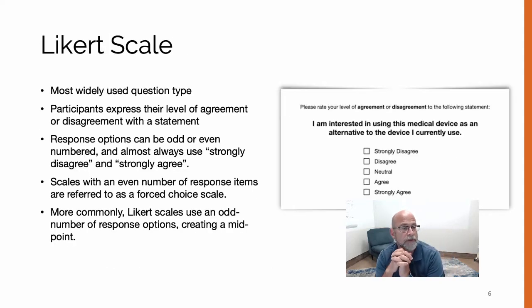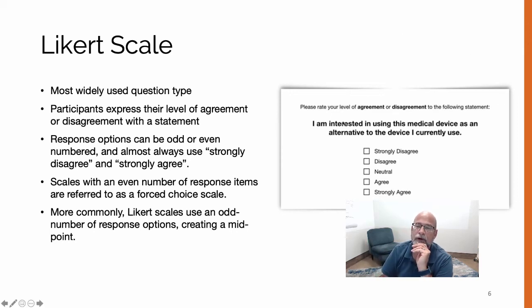Here's an example of a Likert scale that's used in a questionnaire. It was developed originally by a person by the name of Likert, and it's the most widely used question type. Participants express their level of agreement or disagreement with a statement.